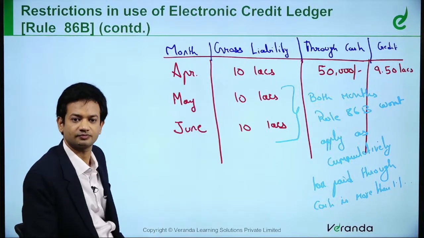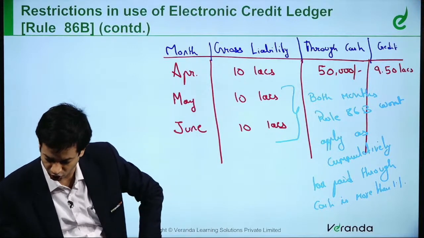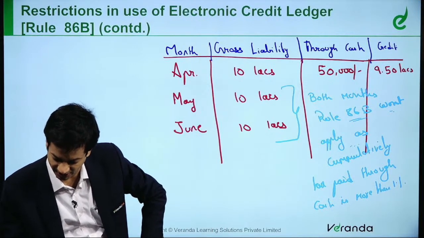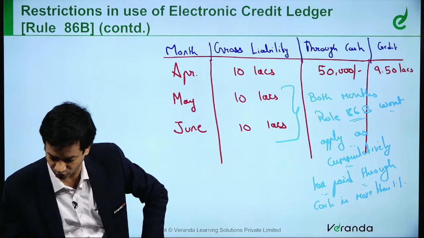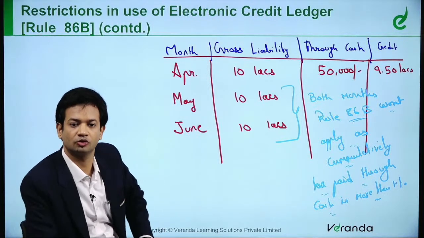Clear? So for both months, rule 86B won't apply, as cumulatively tax paid through cash is more than 1%.